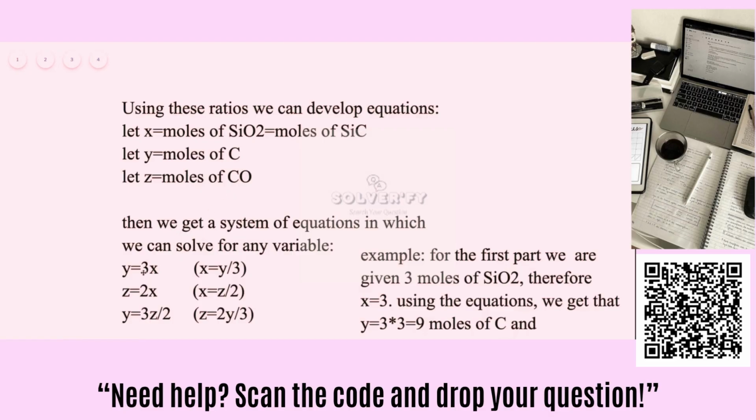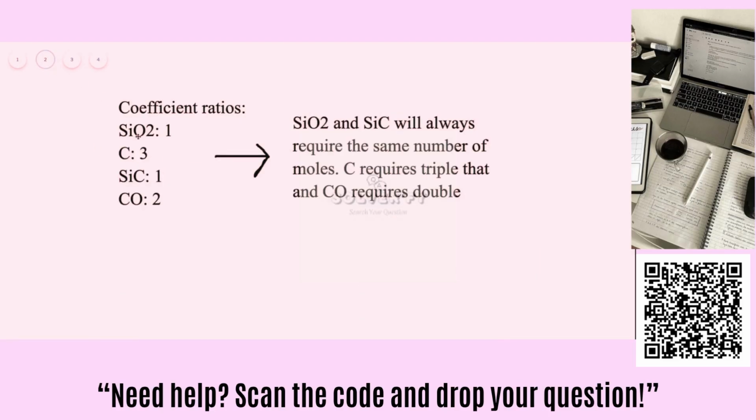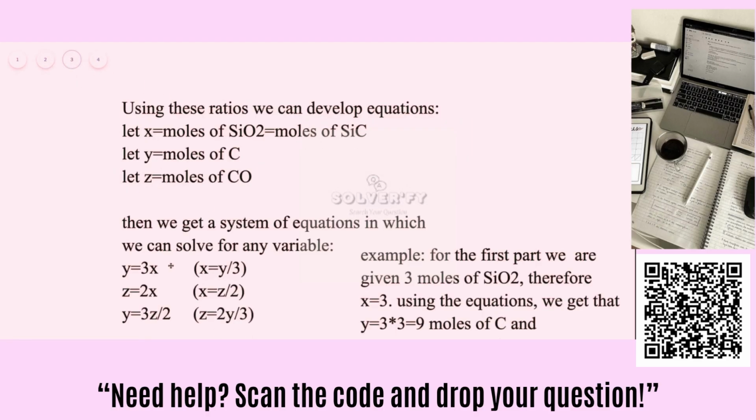So we can look at the coefficients here. Carbon is always going to require 3 times as many moles as SiO2 or SiC, and therefore Y, moles of carbon, will always be 3X. This can also be written, if you divide both sides by 3, as X equals Y over 3.